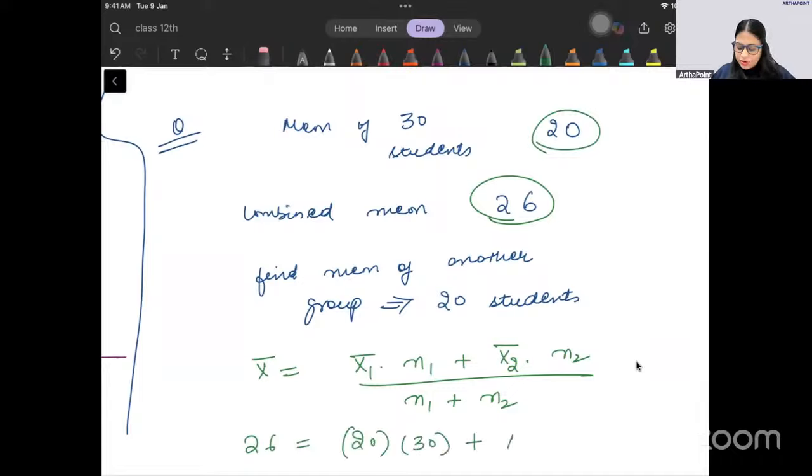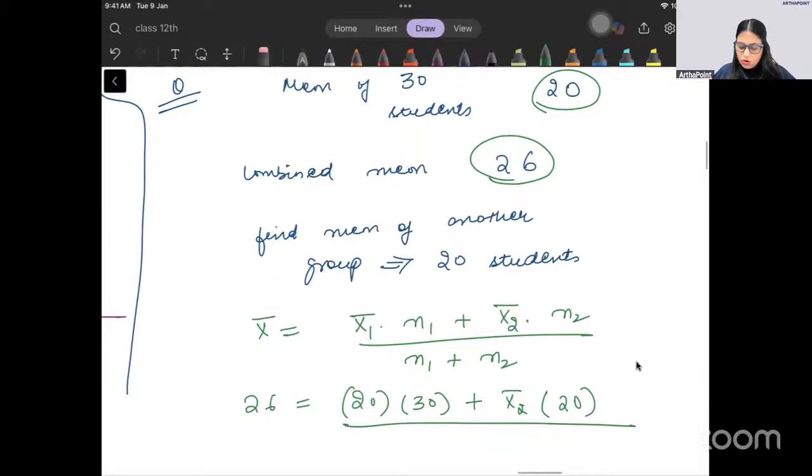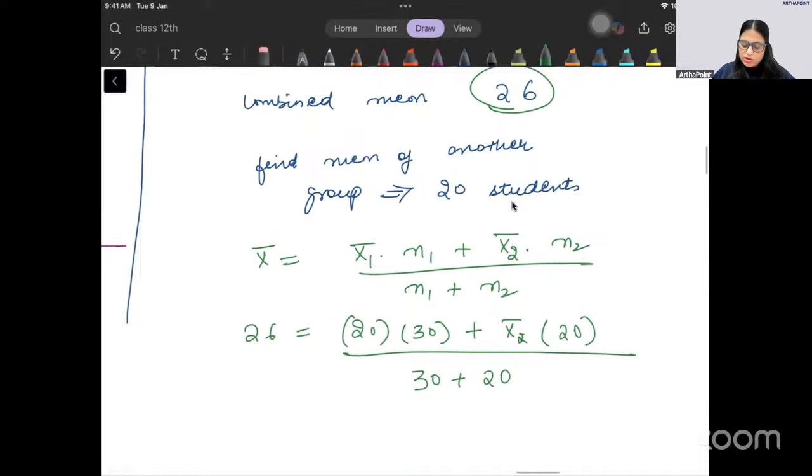And second mean I don't know. But I know that there are 20 students in it. And denominator is n1 plus n2. Okay, so you can just find the value of x2 bar. Use it in this equation.